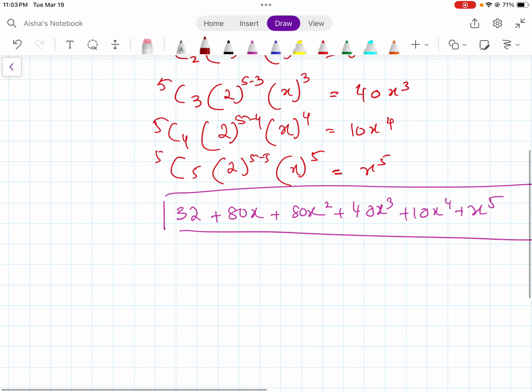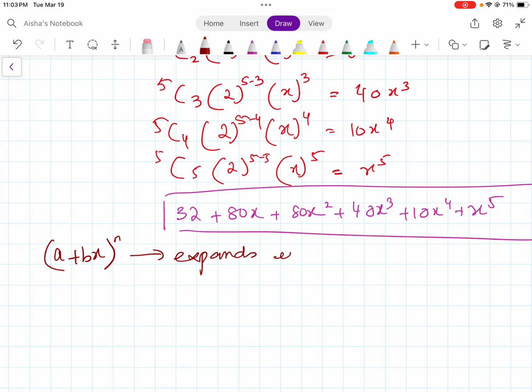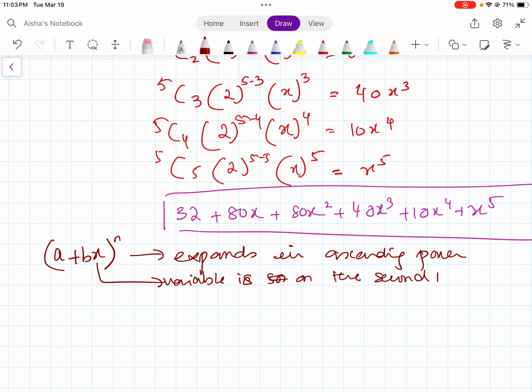Now here, if it's (a plus bx) to the power n, it expands in ascending power because the variable is on the second place. How will it expand? It will expand like p plus qx plus rx square plus sx cube plus tx power 4 plus ux power 5 and so on.